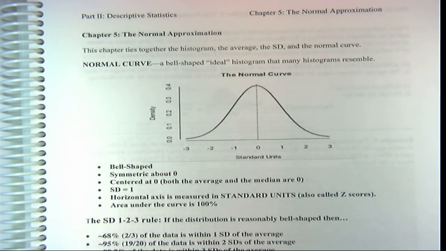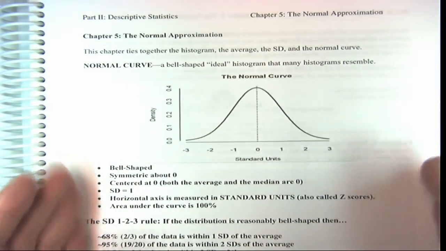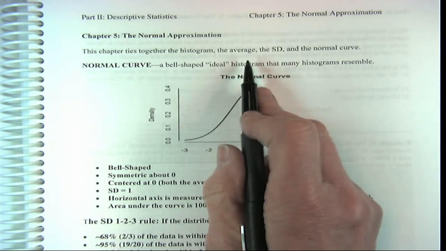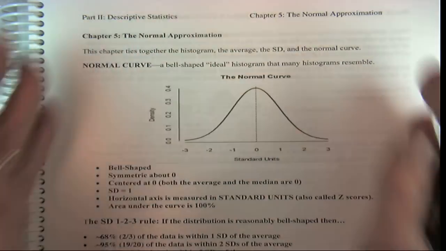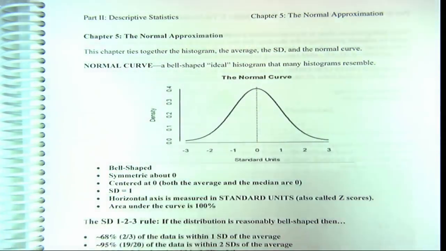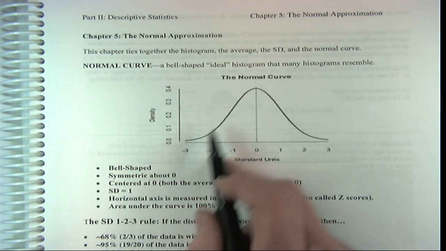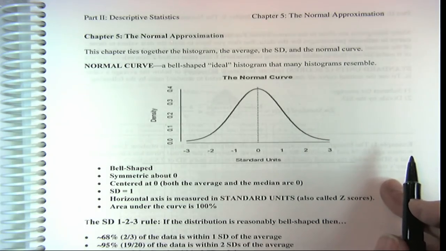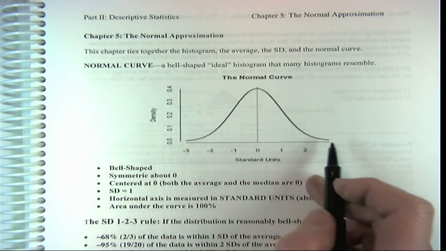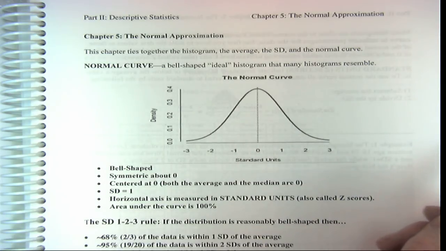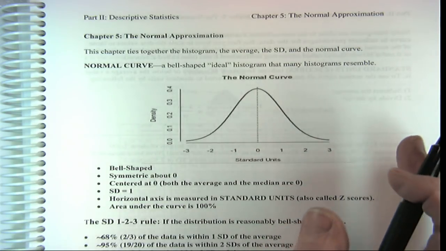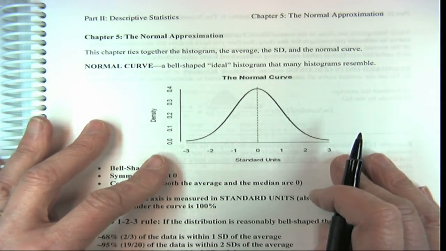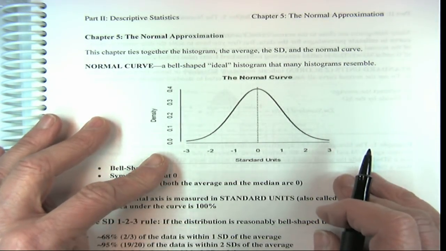Let's try it. This is really nice to do now because it ties together the histogram, the average, and the SD into the normal approximation, the normal curve. This normal curve is a very useful distribution because it comes up all the time, often in nature, and all the time in inferential statistics.